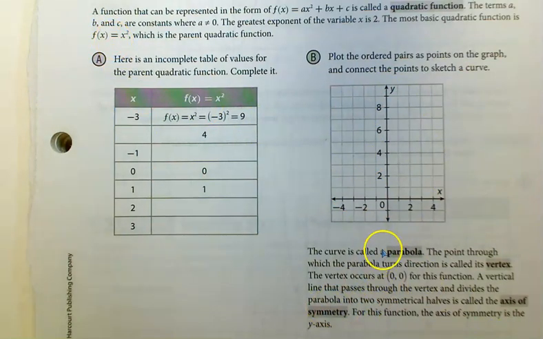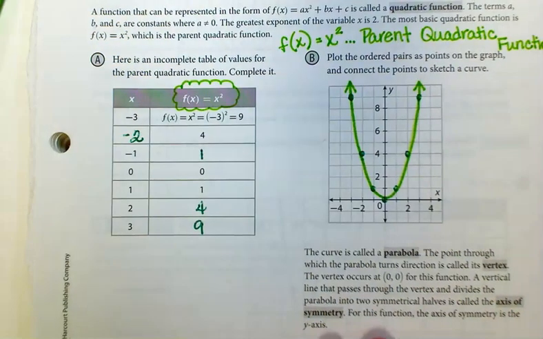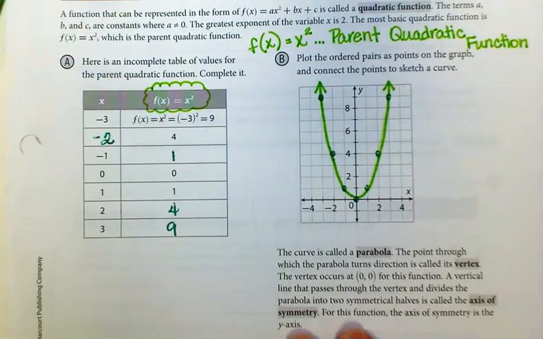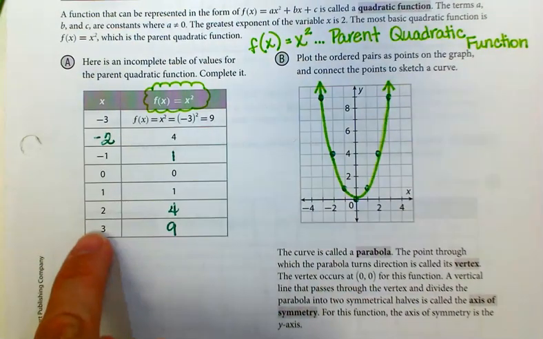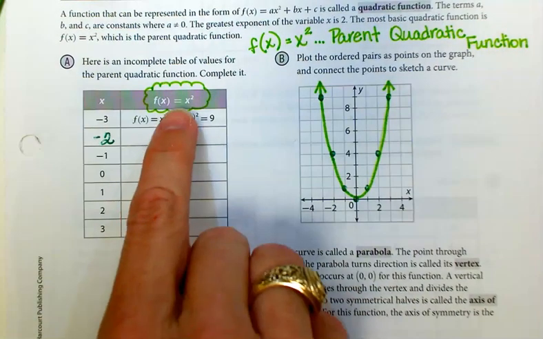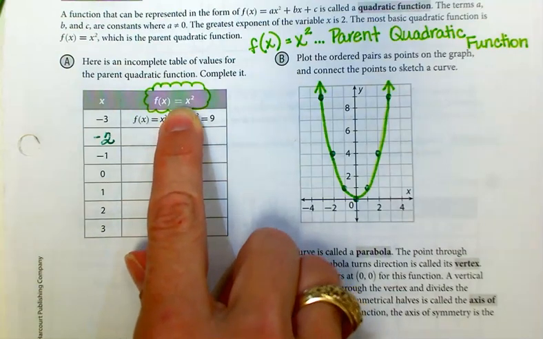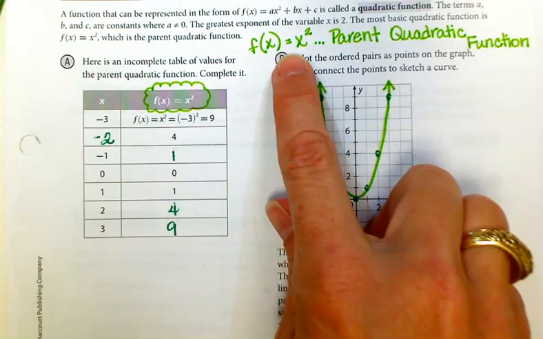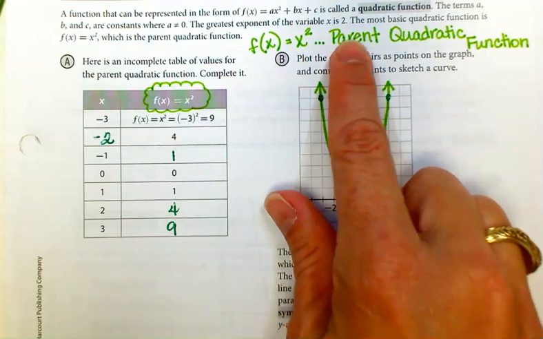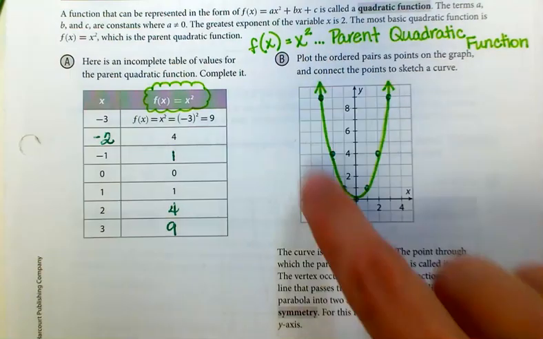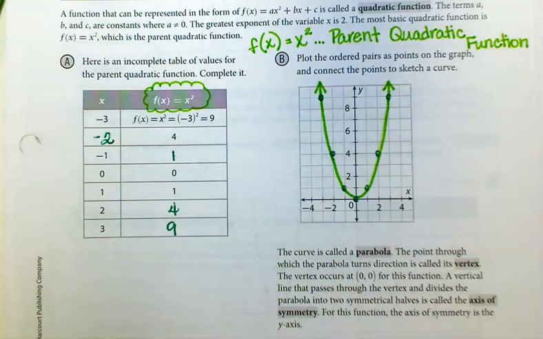And then we're going to talk about these different pieces of vocabulary. All right, so you see that I have filled in the table with x and y values using this equation for my quadratic function. Remember, that is your simplest quadratic function. It's called your parent quadratic function. So this is what your parent quadratic function looks like.